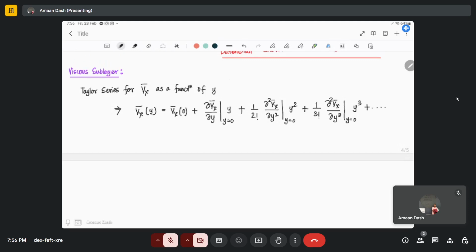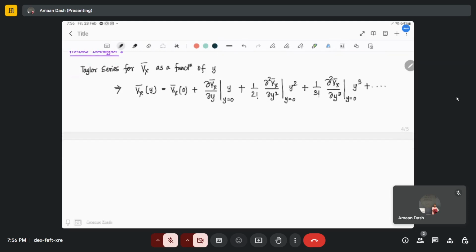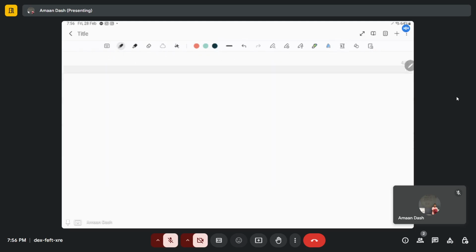Now for the special case of steadily driven flow in a slit of thickness 2b, the shear stress will be of the form something like this.